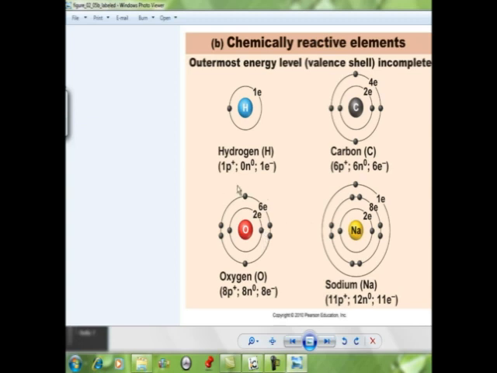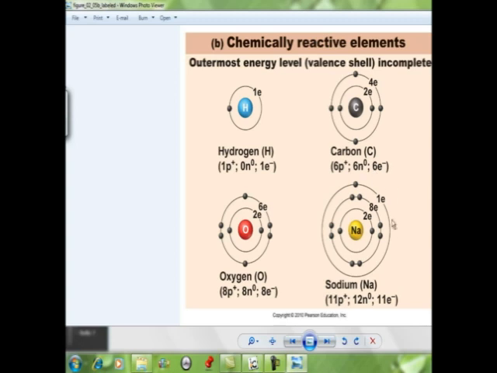So how many valence electrons does oxygen have? What group is it in? 6. Look at the group number at the top of the column. You see why it's in group 6? Because it has 6 what? Valence electrons. No matter what number you pick on here, you're going to get the same thing.